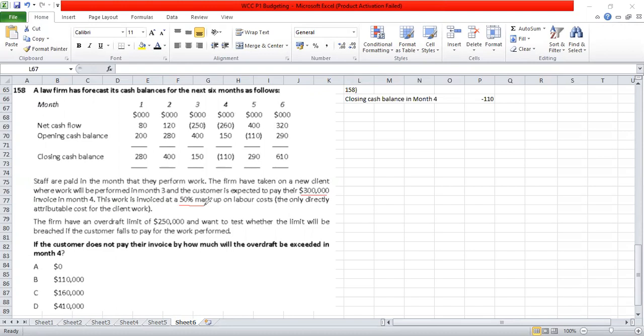Already they are running in negative balance. So the additional payment which they have to make would be 300. 110 plus 300 will be 410. 410 is the requirement, but they also have an overdraft facility of 250,000.